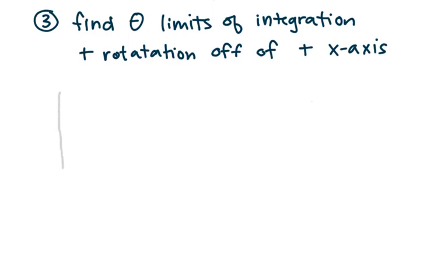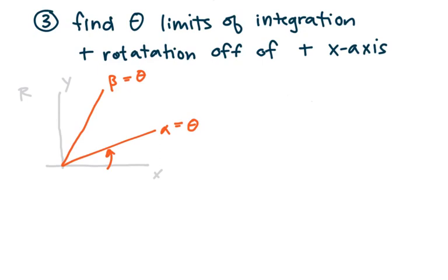I'm going to think about my region, R. So if we think about that, in our xy plane, maybe we have some region that has some measurement, we'll say here, alpha, and then some second measurement, beta. So those are my theta values. I would have theta equals alpha and theta equals beta. And then maybe they're bounded by these two curves.